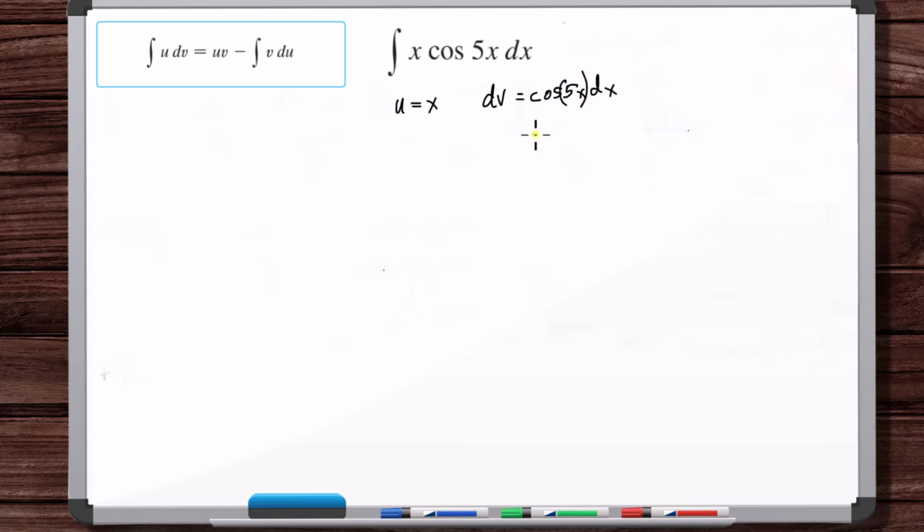Another reason to remember that the dv has to include a dx on the end is that if we're going to integrate both sides to get the v, and there's no dx, we can't integrate. We talked about this a video or two ago: is dy over dx a ratio?